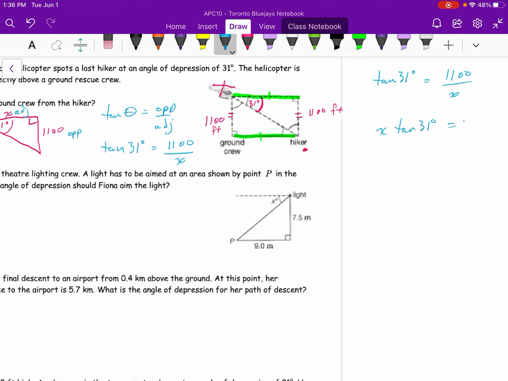We'll multiply both sides by x. Then divide both sides by tangent of 31 degrees. And what I get is 1830.707. And this would be feet. So there we have it.